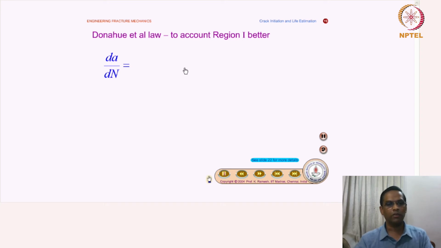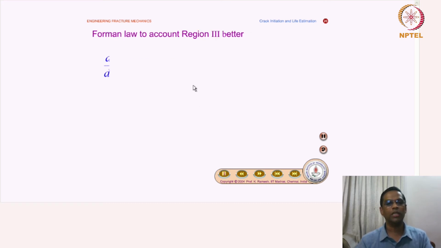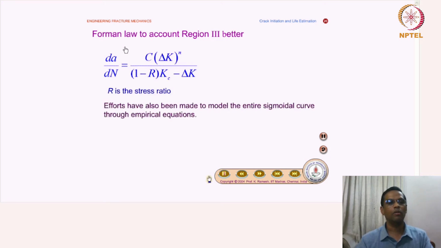So there are several other models proposed by several researchers to improve upon the Paris region. Some of them I am just giving for information's sake, not to get into the detail. If you look at the region, that was region 1, and this is given by other scientists. Forman law for region 3, dA by dN is given.